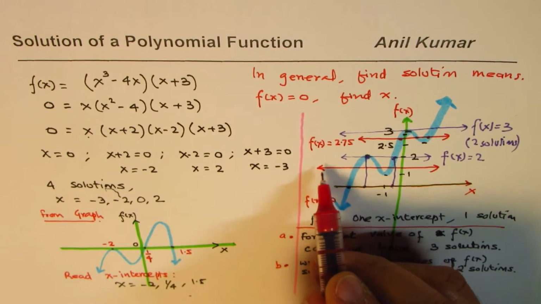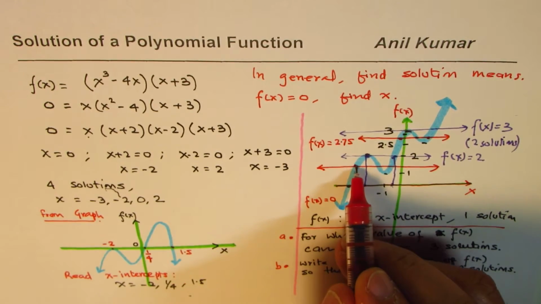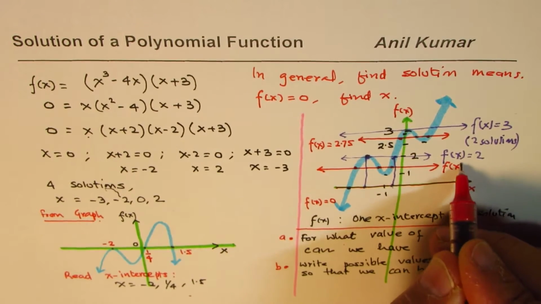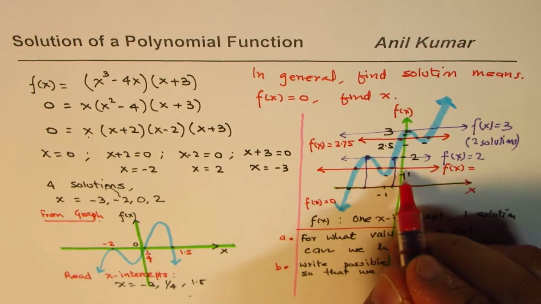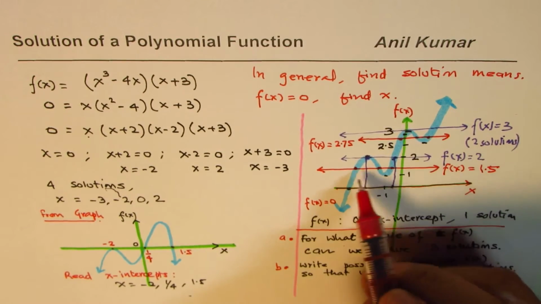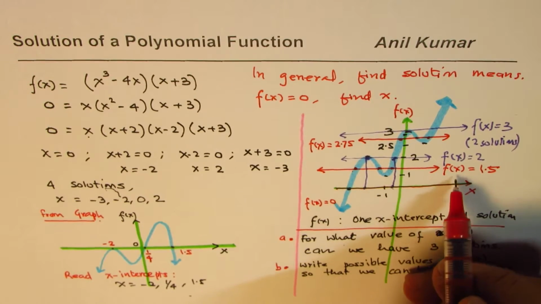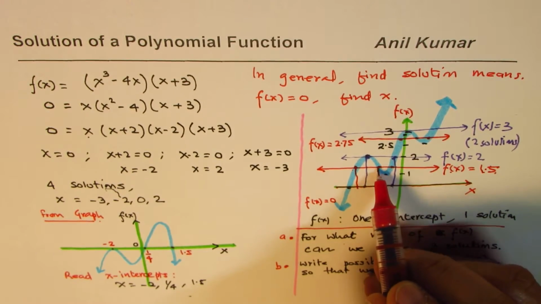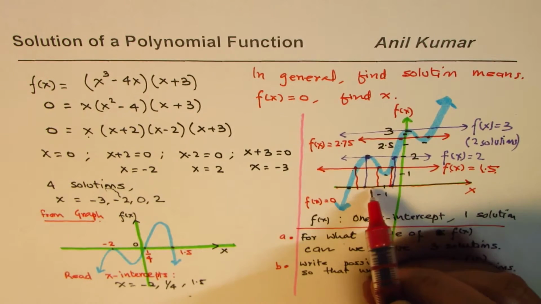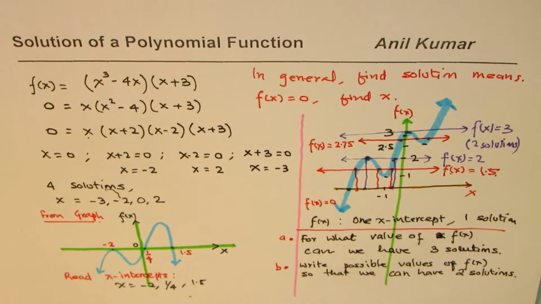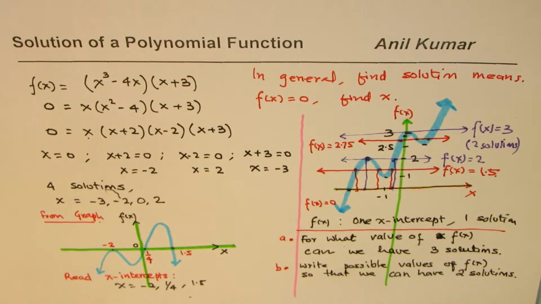So there are many values of f of x which will result in 3 solutions, let us say between 1 and 2, which is, let's say, 1.5. The solutions are the x values for which f of x is 1.5. There are 3 such x values. You can see that. Is it okay? So they become the solution. I hope you are understanding the concept here.